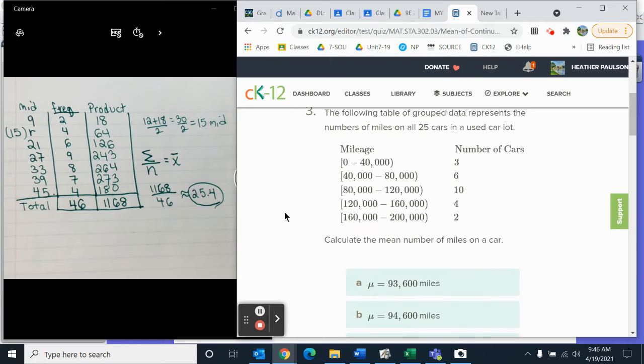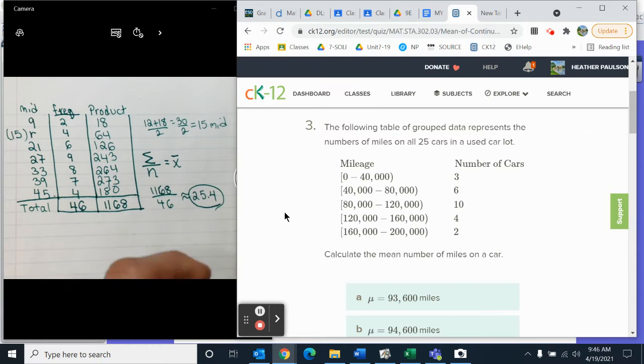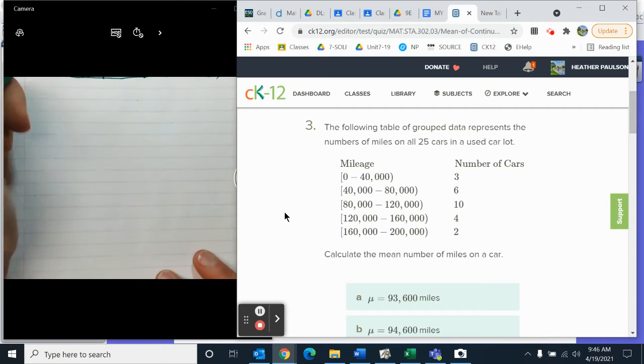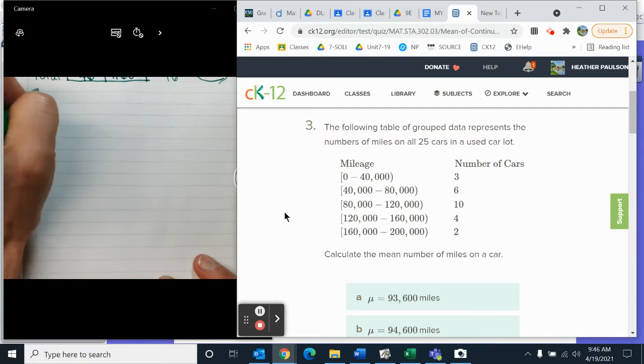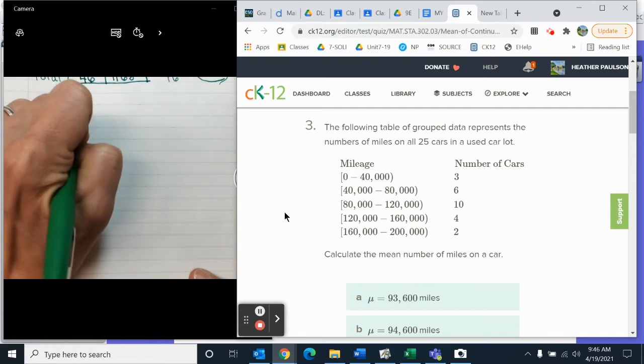Okay, this next question says the following table of grouped data represents the number of miles on all 25 cars in a used car lot. So we need the mean number of miles. I am going to slide my notebook up and use the table they have given us. We record the middle of those intervals.